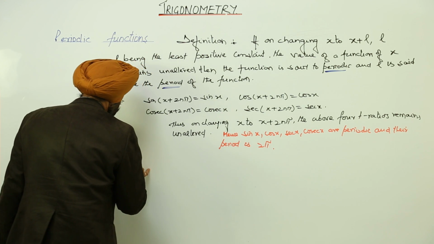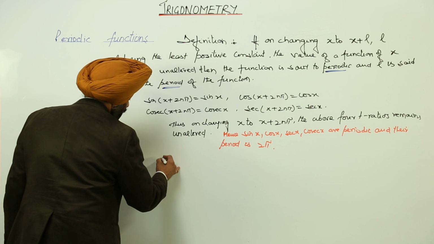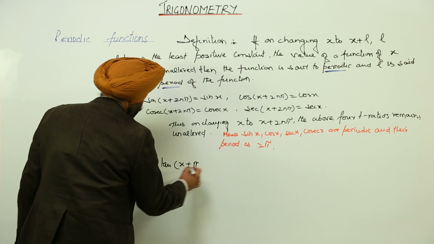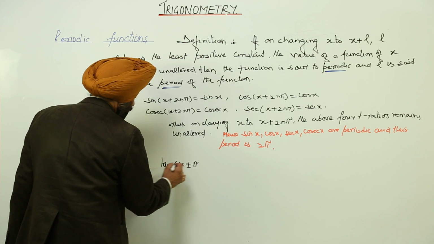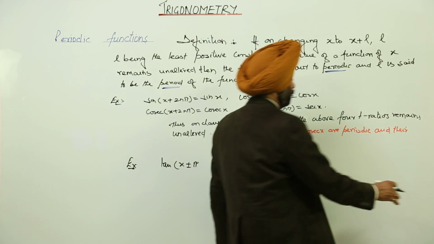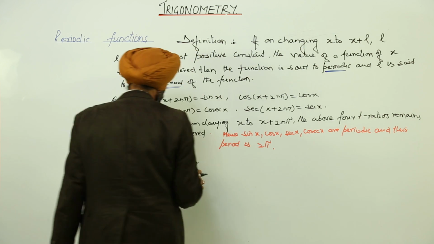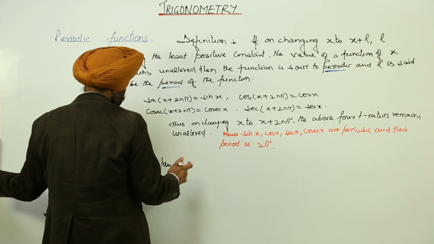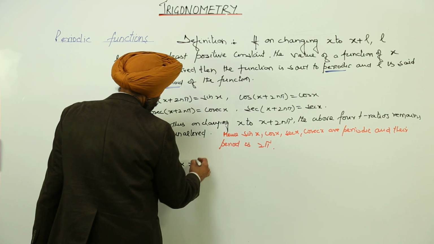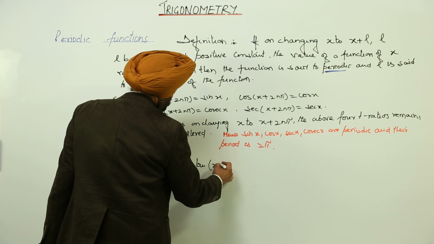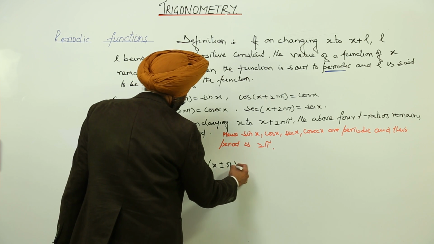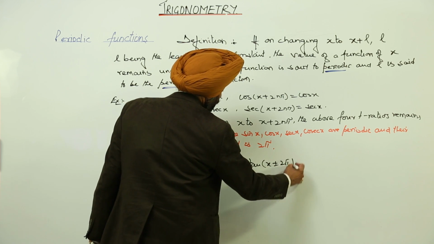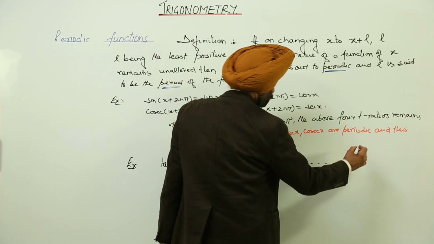Now another example we are having, now you can check it, tan x is equal to tan x plus minus pi is equal to tan x plus minus 2 pi, like this it goes.